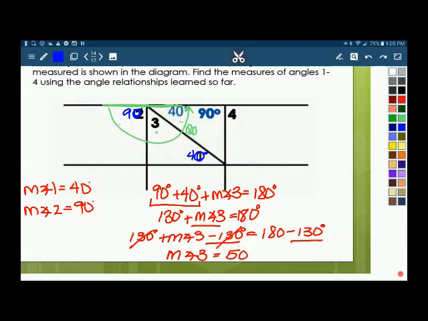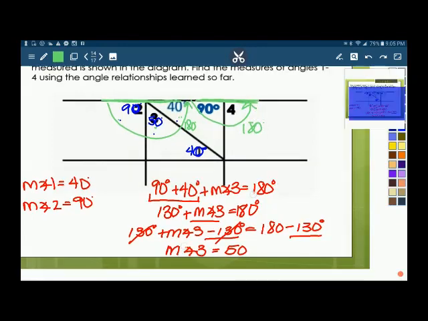I'm going to label that on my drawing, which makes sense because if you were to type in your calculator 90 plus 50 plus 40, you should be getting 180, which is exactly what we want. And we can apply this same relationship to this linear pair right here. Okay, so I'm seeing that 90 plus angle 4 is going to equal 180 as well.